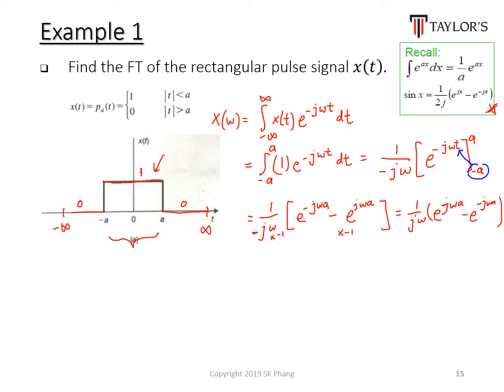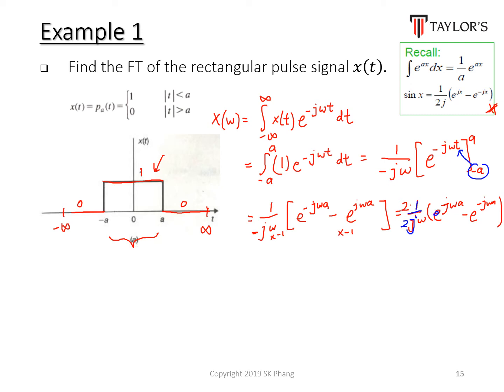And now you notice one thing that's very obvious here, which is this particular, I will write in a different color, 1 over j, or 1 over 2j, and then I multiply a 2 on top.